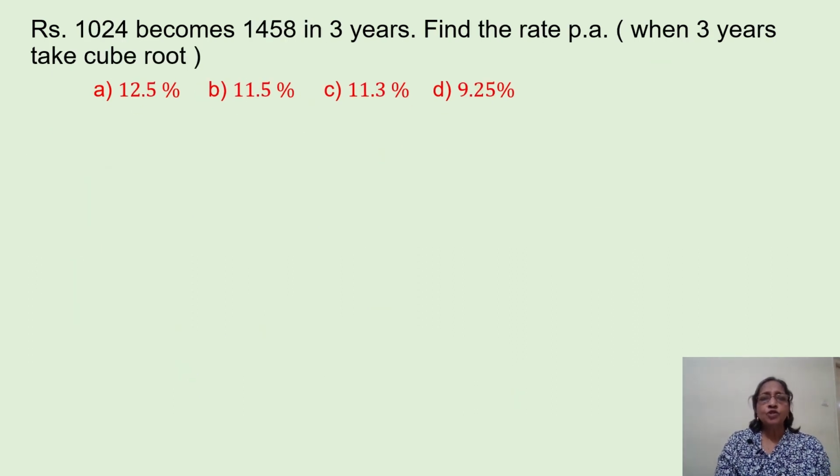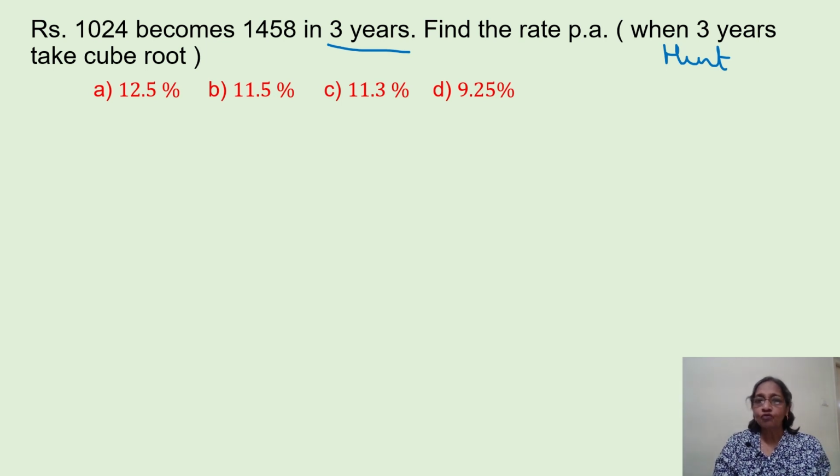Rupees 1024 becomes 1458 in 3 years. So now in this sum, we have 3 years. Like what hint I have given you here, this is the hint that is there. This will not be given to you in the exams.